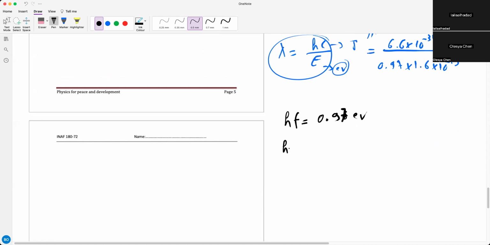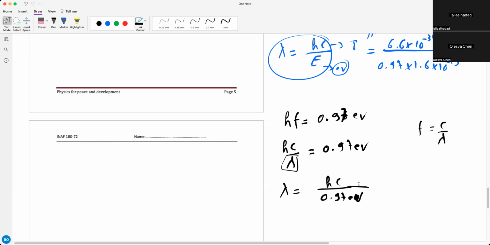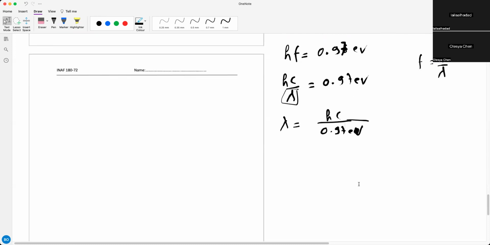The wavelength is hc over lambda, right? Because the frequency is c over lambda. Now, in order to isolate the wavelength, lambda will be equal to hc over 0.97 electron volt. Are you following? Yes.